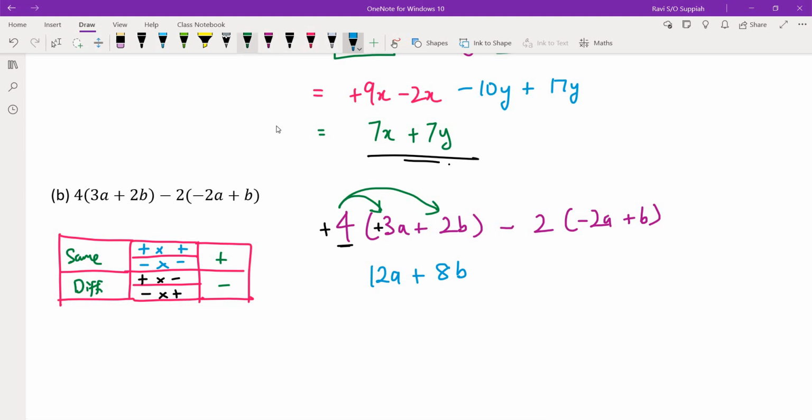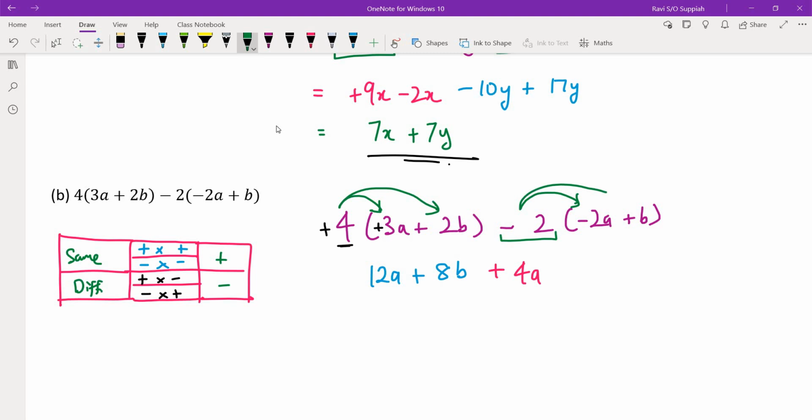Now for the second term, whenever you see a minus, you always have to be extra careful because that is where the careless mistakes will come in. Here we have minus 2. So always remember this is minus 2. So minus 2 times minus 2a. Coming back to the rule, minus times minus, both the signs are the same, means it's going to be a plus. So 2 times 2a is 4a.